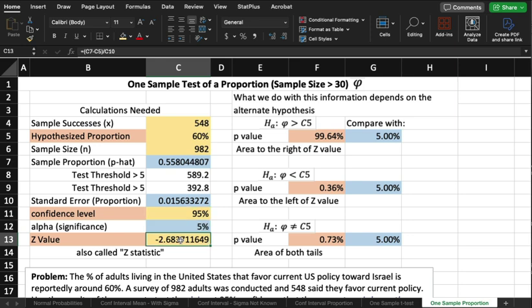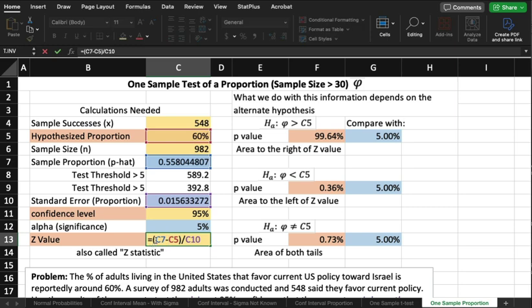The last calculation we need to make here is our actual z-value. The z-value is just equals parenthesis C7 minus C5. So it has to be the p hat minus the hypothesized proportion, close parenthesis, slash C10. So divide by the standard error of the proportion.